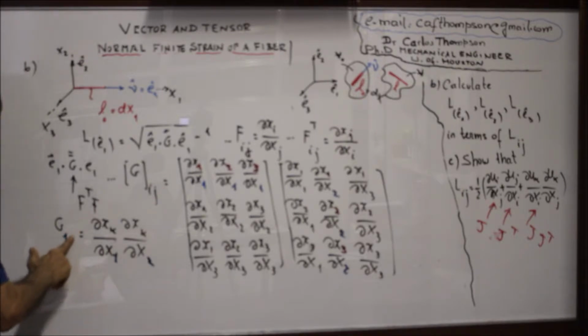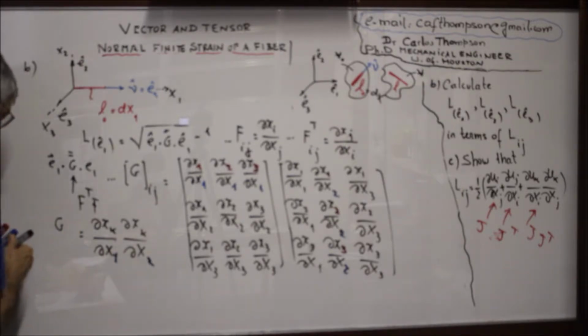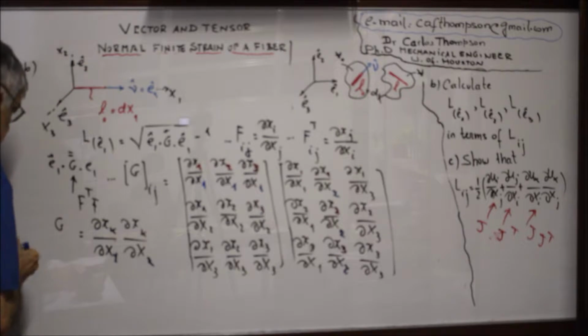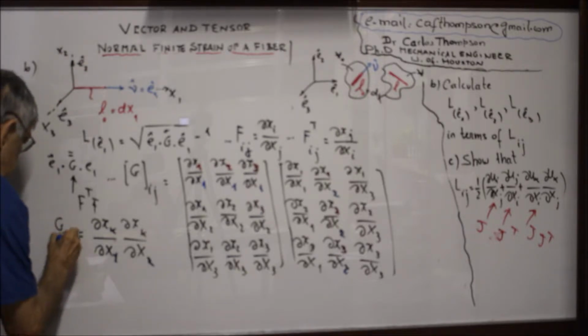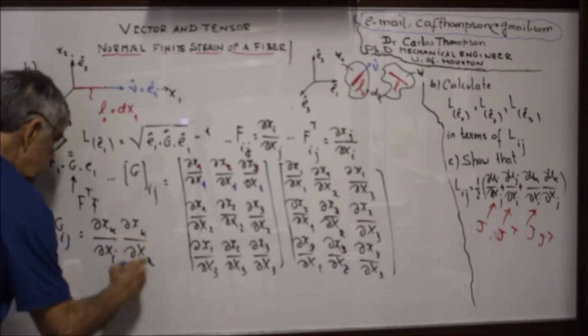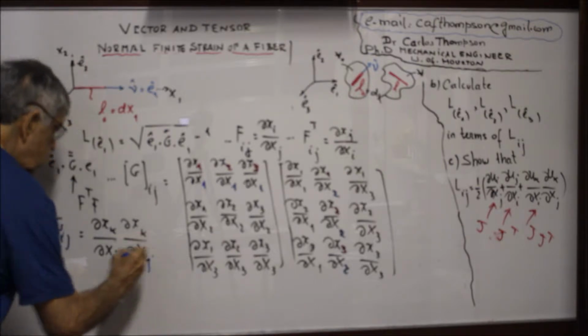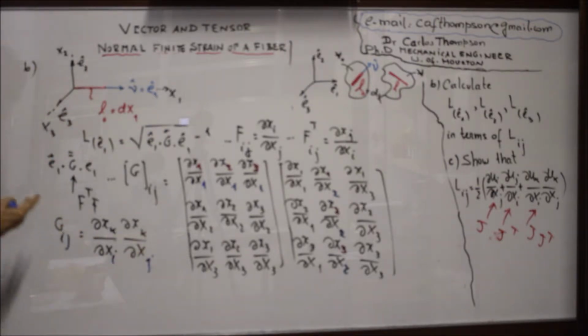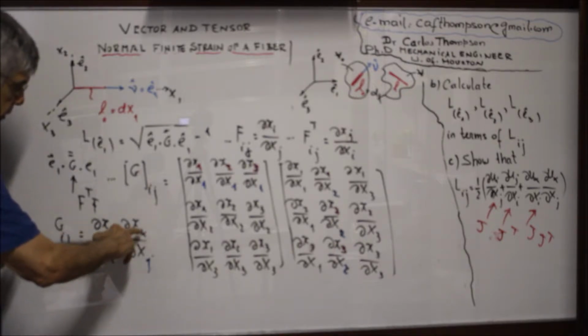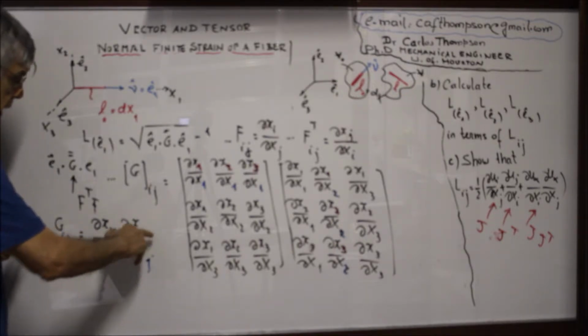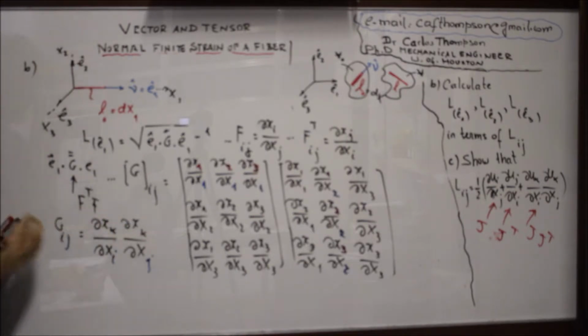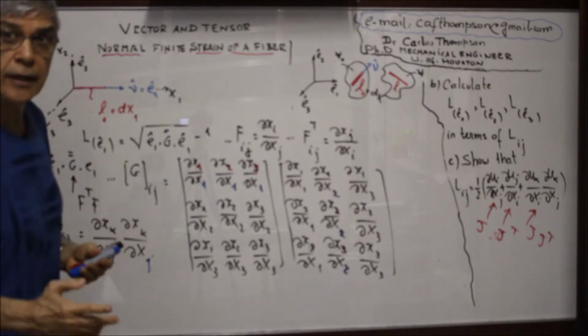That's why we can write Gij. I put I over here and J over here. This is Gij, and there's a summation, the Einstein summation. K is the dummy index, and I and J are free indices.